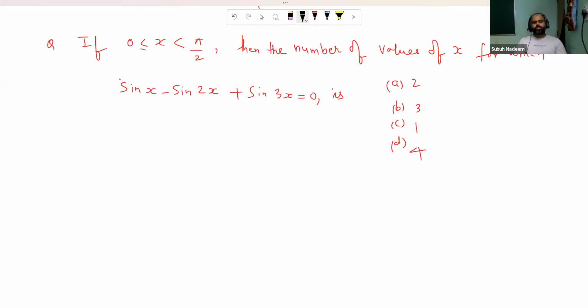So it will be in the first quadrant, right? Yeah. Okay, sir.